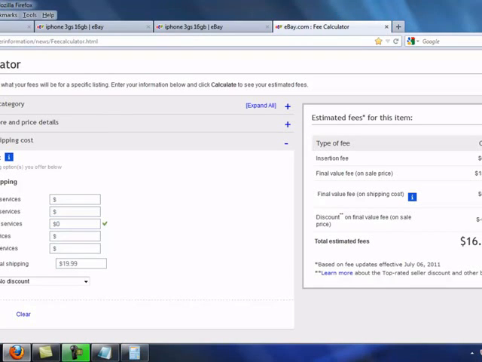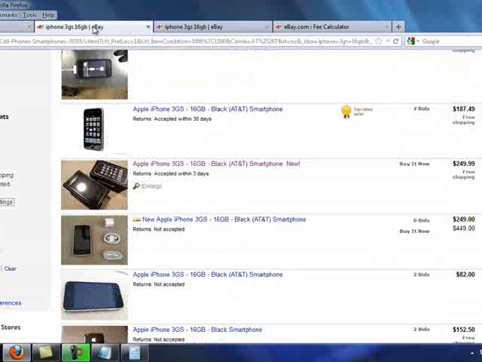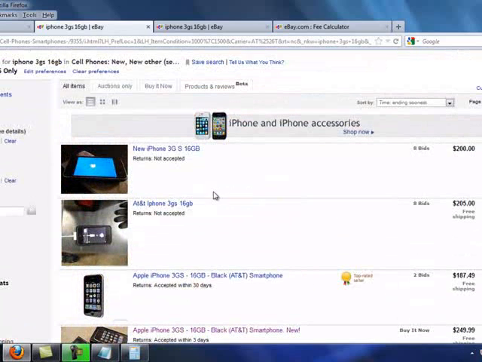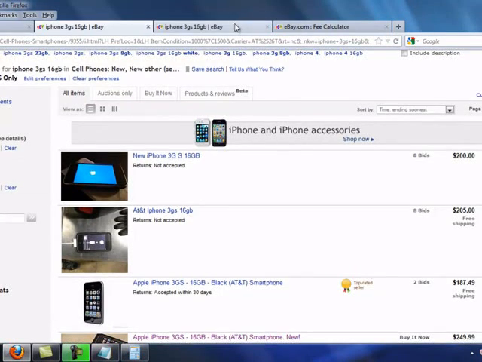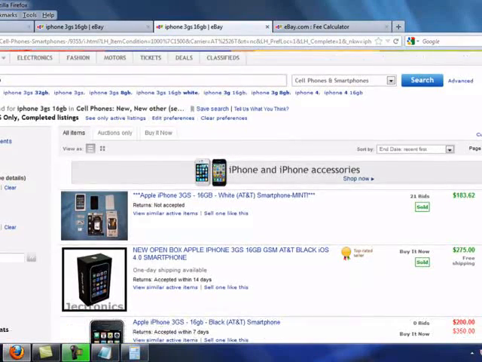So now that's what they sold as. Now I go to the iPhone 3GS on eBay that is under AT&T, because remember we're unlocking it. So I want to see how much these go for. This is the completed listings right here.